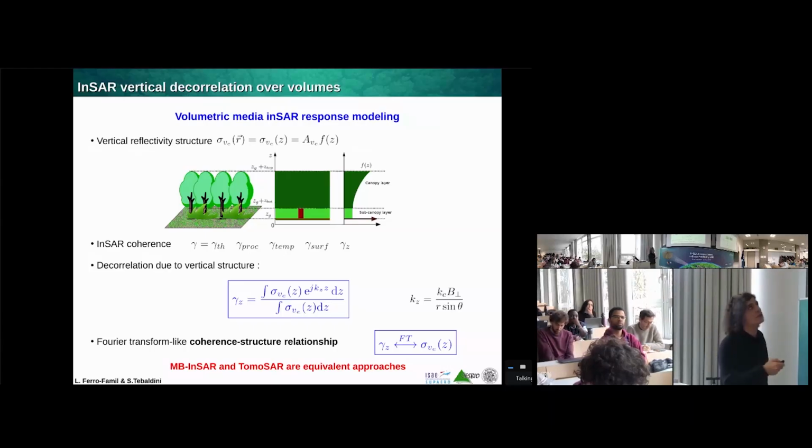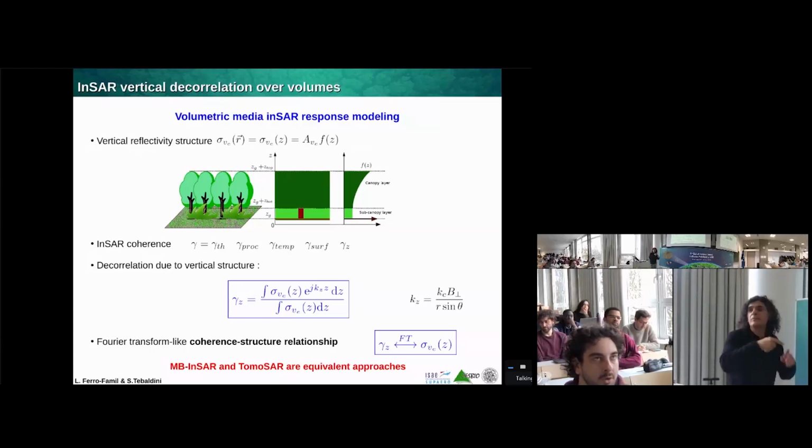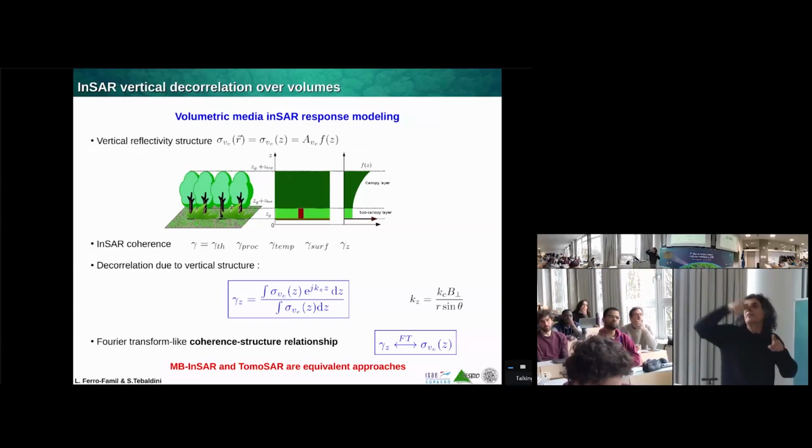By changing the baseline, you change the spectral location, the kz value at which you compute this integral. And if you use several baselines, you will get several values.